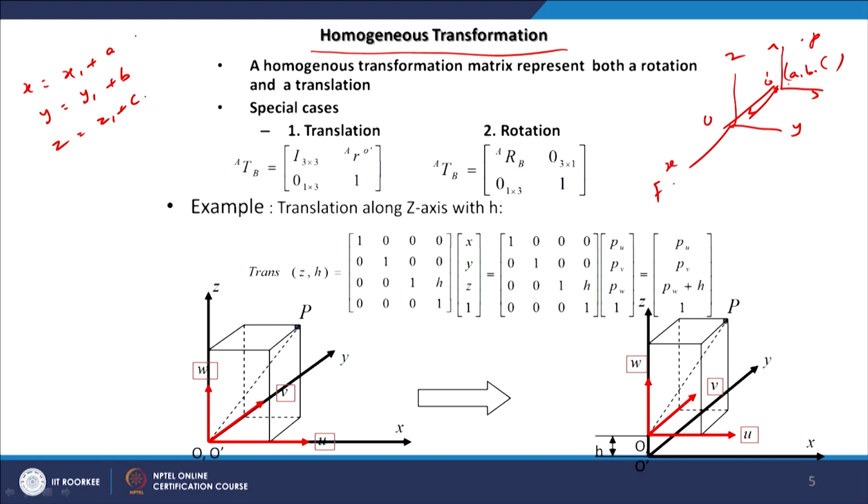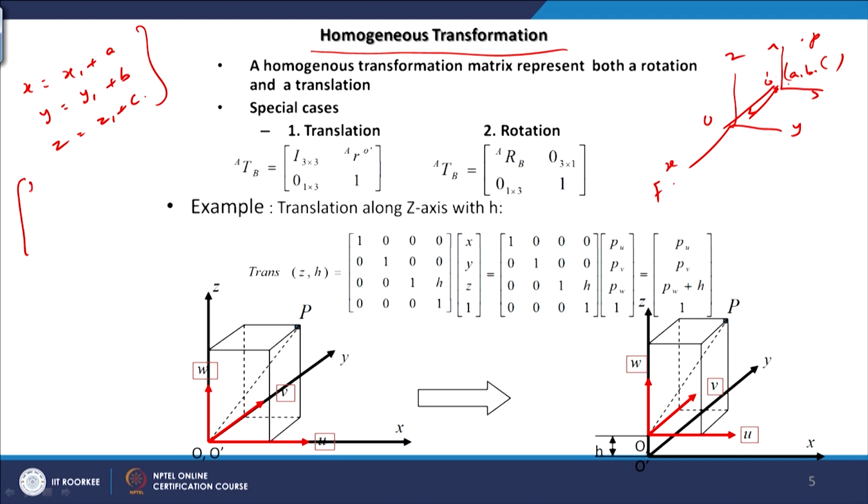Now we cannot write the translation relation in the form of a matrix, as in the case of the rotation matrix; we cannot write it in the form of a 3 by 3 matrix. But if we slightly modify the structure of representing a vector with 3 numbers, then we will be able to write the matrix relation.